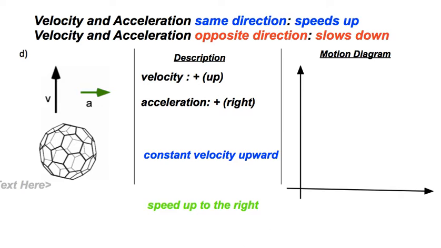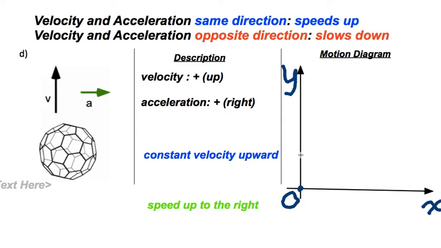So we're still going to label our 0 here in the corner. We're going to label our vertical axis y as it moves up and our horizontal axis x. Alright, so it's starting at a position of 0. Put a dot right here at the origin, and it's moving up.